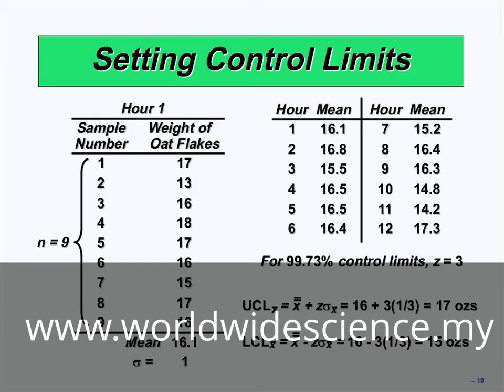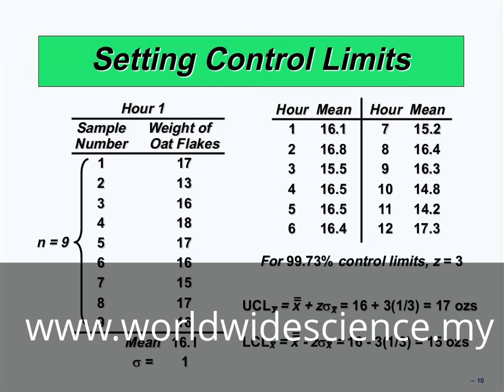When they measured the weight of the 9 cups of oat flakes, then they calculated the mean of these 9 cups of oat flakes. The mean of these 9 cups gives you X bar, or average of the weight of the sample. But in the formula, we need X bar bar.